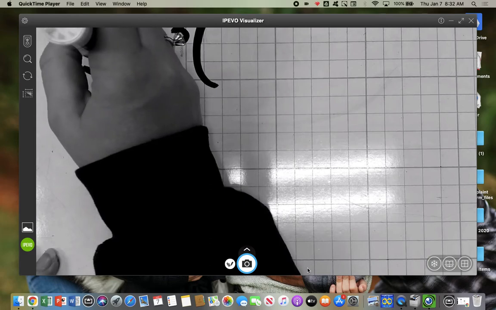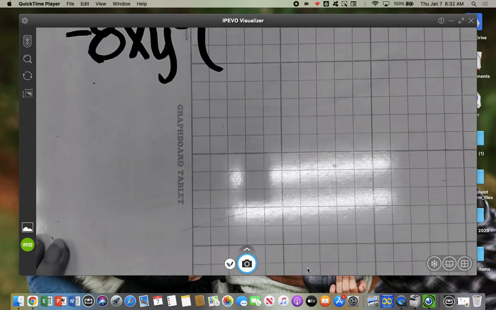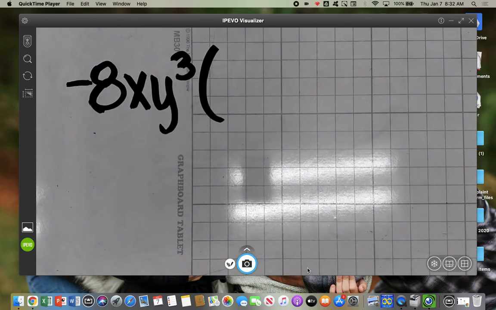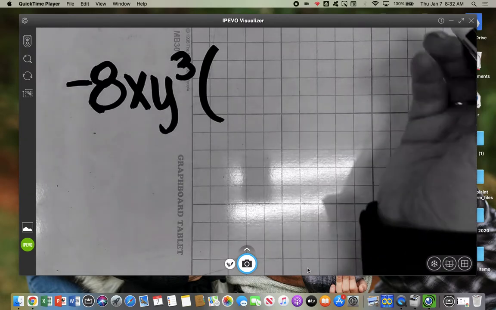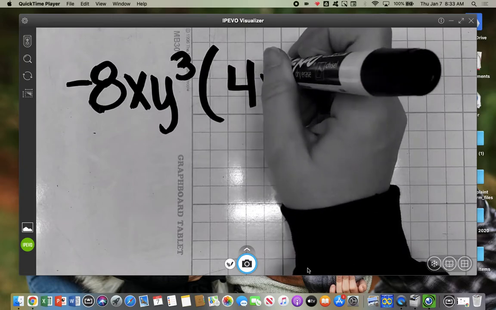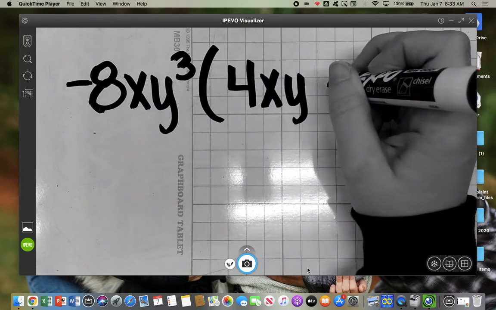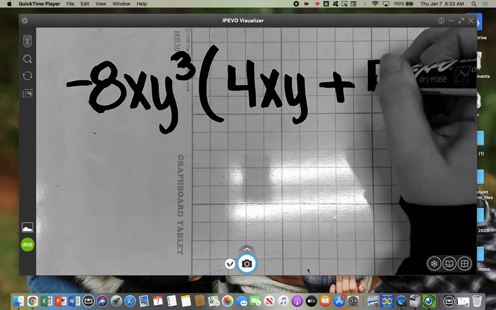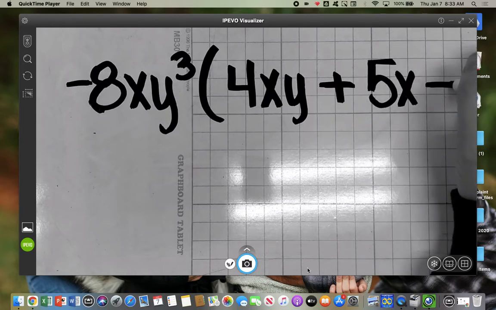And I make that an 8. Negative 8xy to the third. And let's multiply this to 4xy plus 5x minus 2.